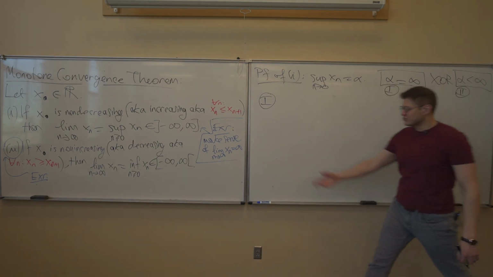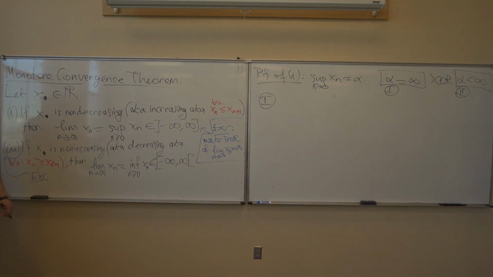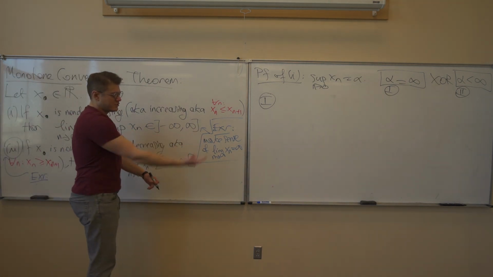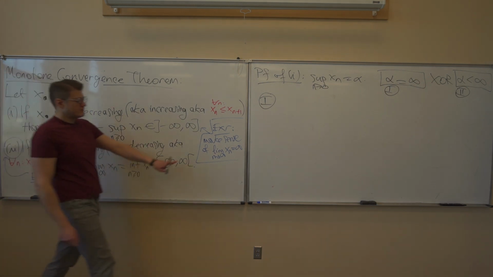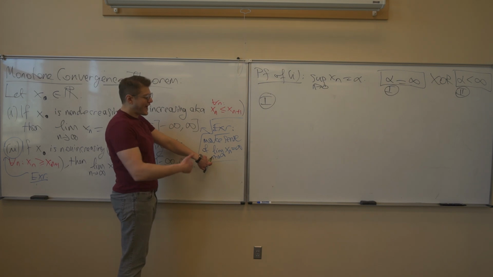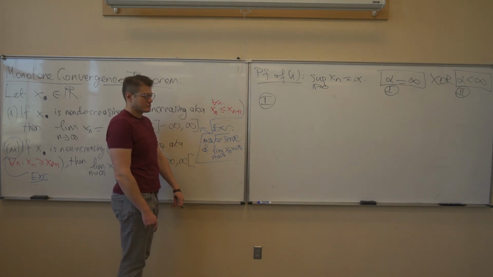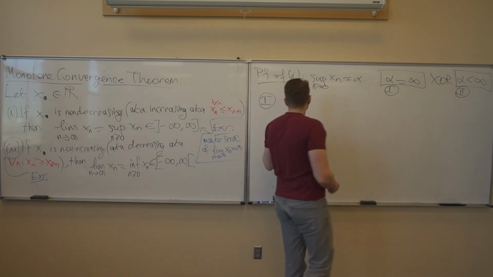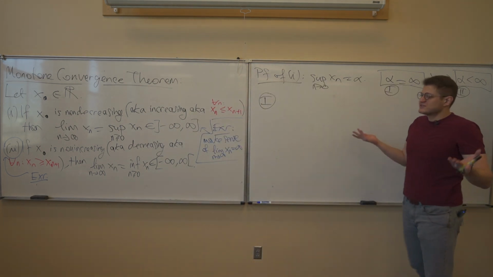What is this? How do you make sense of it? Well, infinity is supposed to be a point at infinity, right? And so if I were to open up the epsilon-delta definition, I would want to say something like, for any epsilon, there is some n such that after that n, x sub n is epsilon close to infinity. Really, instead of writing epsilon, because epsilon is supposed to be a small number, use some other letter.